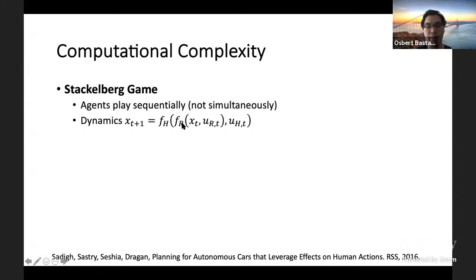So the robot dynamics are FR of the current state and URT. And once the robot has made its move, the human is going to observe the new state, and take action UHT in response. And then that gets us the next state xt plus 1.